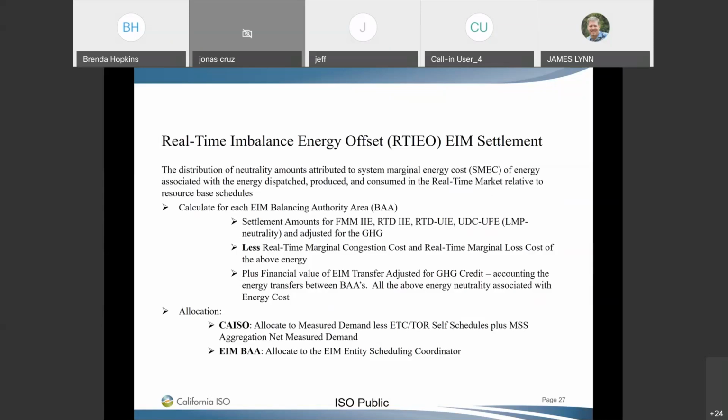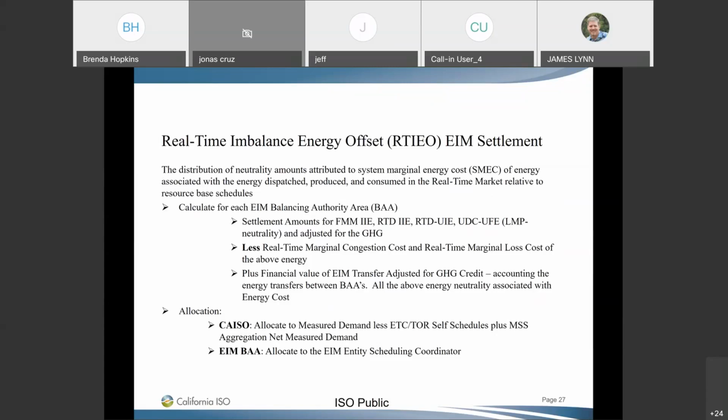But we're not done yet. We have to now account for the ETSR, because although we don't officially settle most of the ETSRs, the dynamic and static, that energy, as it's transferring from one balancing authority area to another, actually has a cost to it. And if I don't account for that cost, I'm going to be collecting or paying the entity of that BA more than I should.